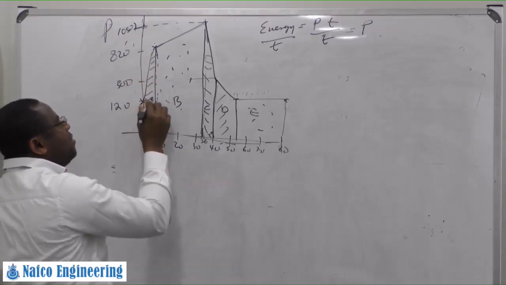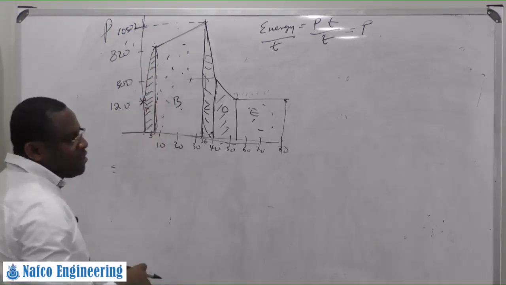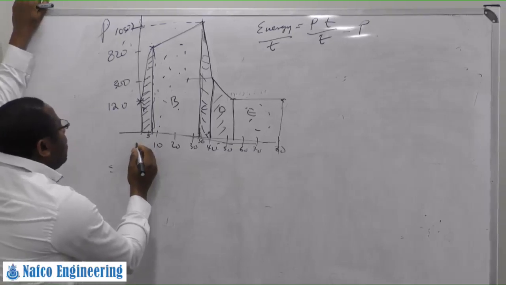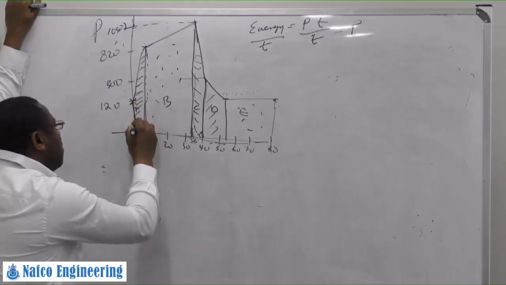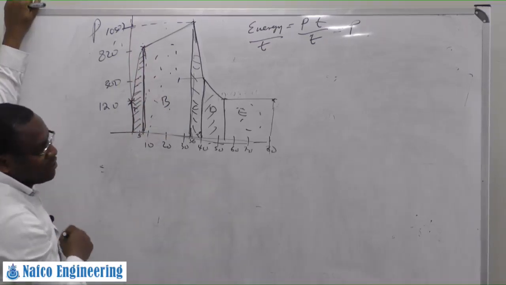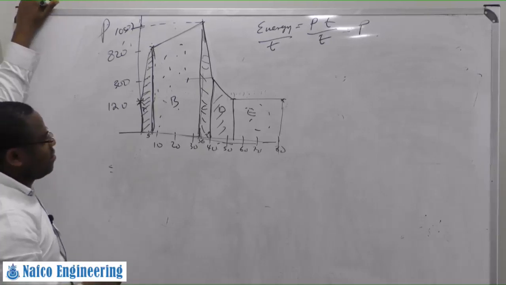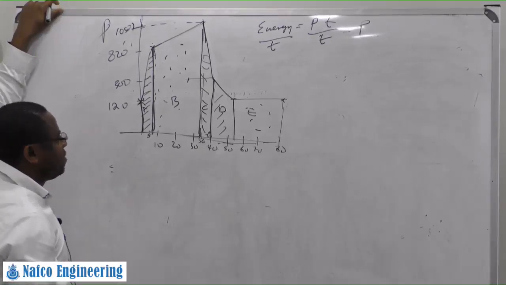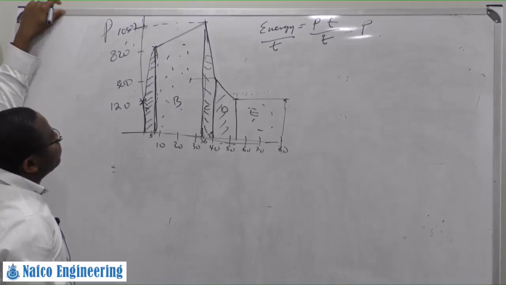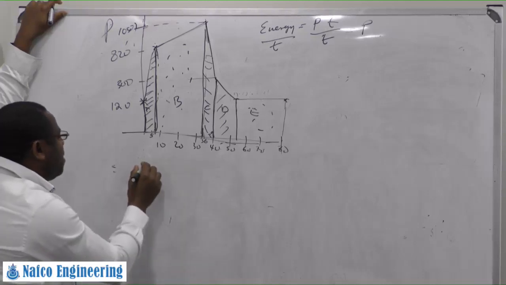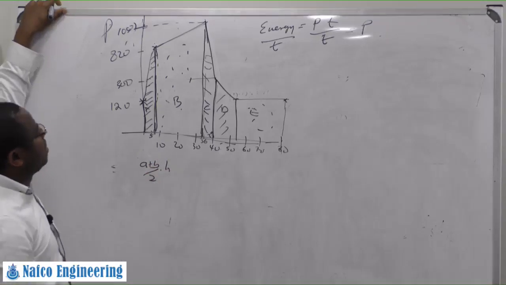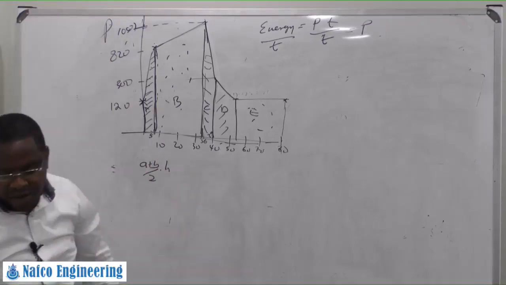Power times time is just the area of this, and this is a trapezium, where you have these two adjacent sides, this one and that one, and this as the height. So the area of a trapezium is half of the sum of the two adjacent sides times height.